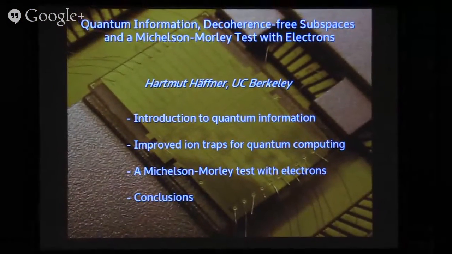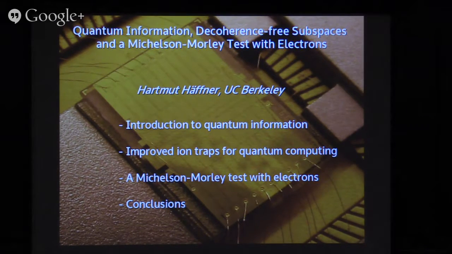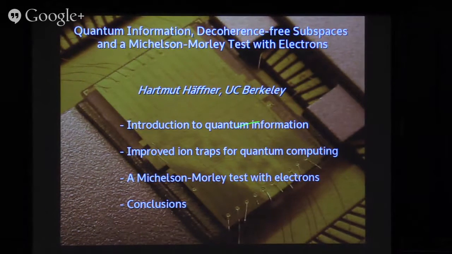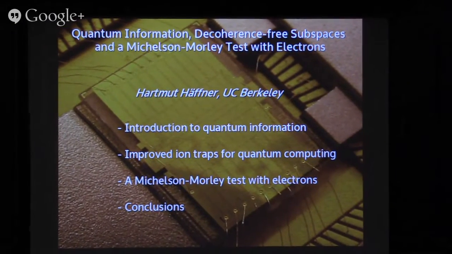Okay, so I will talk about quantum information, decoherence-free subspaces, and the Michelson Morley test with electrons. Probably most of you don't really know how all these words are connected to each other, but I hope during the talk this will become really clear. For my talk, I will give you first an introduction into quantum information.